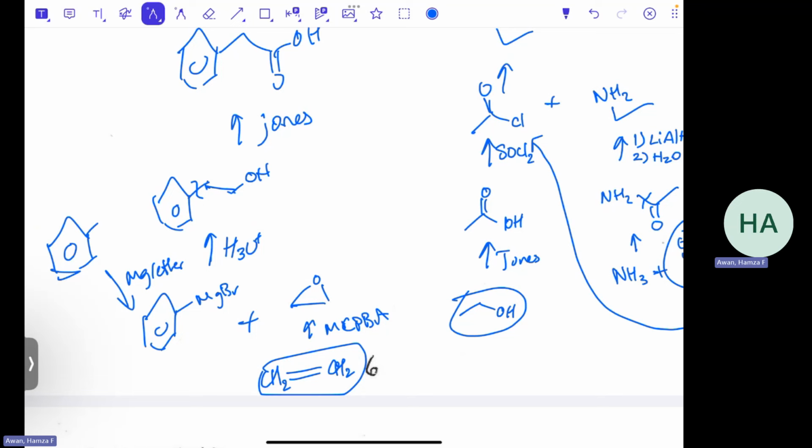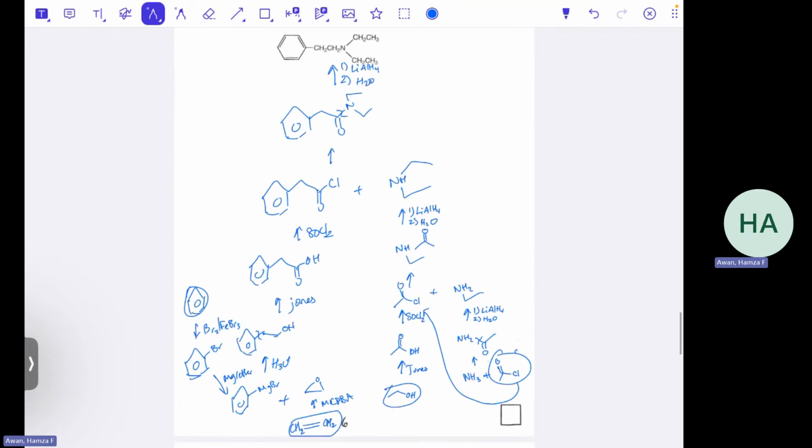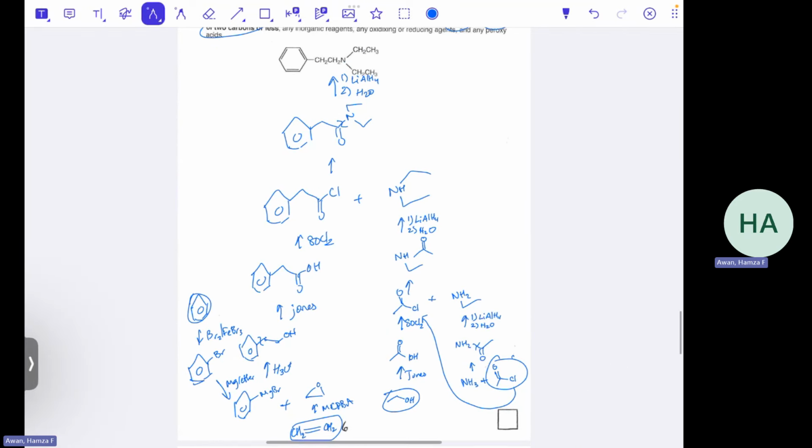This is going to be Br now. And to put Br onto a benzene ring, we can use Br2/FeBr3. And then that is just going to give us our benzene starting product. So that is the synthesis. Are there any questions on that one?